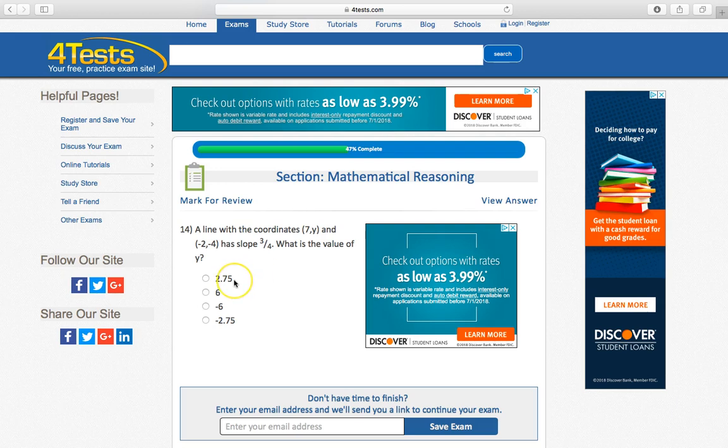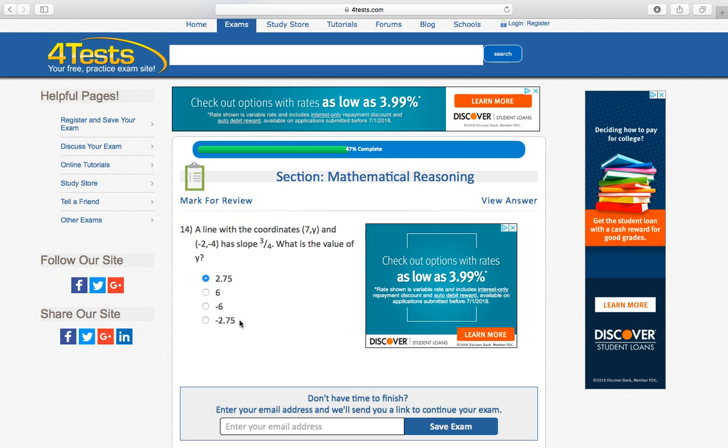If we look at this 2.75, if I go negative 4 minus 2.75, that gives me negative 6.75 divided by negative 9. If I calculate that out, negative 6.75 divided by negative 9 equals 0.75, or 3/4. So that's the answer we go with. If you plug in the other numbers, you will not get the correct answer.